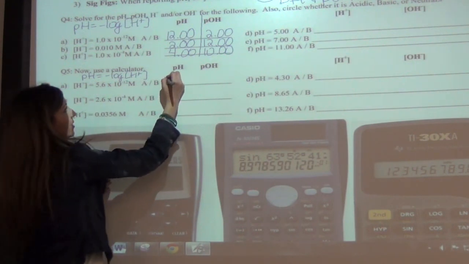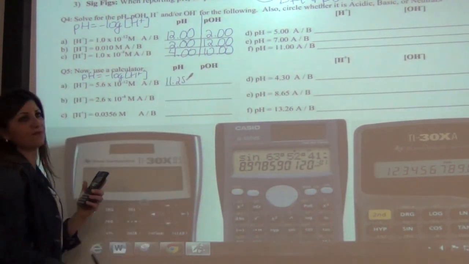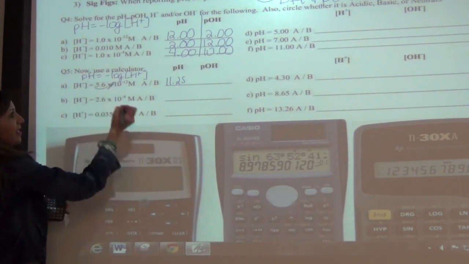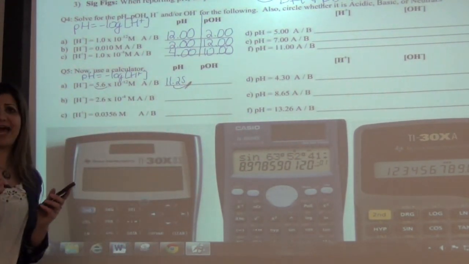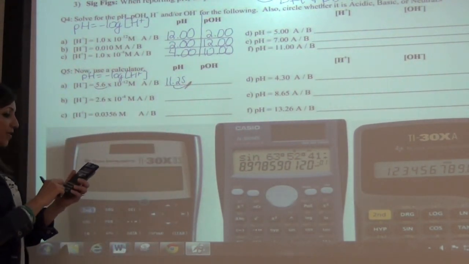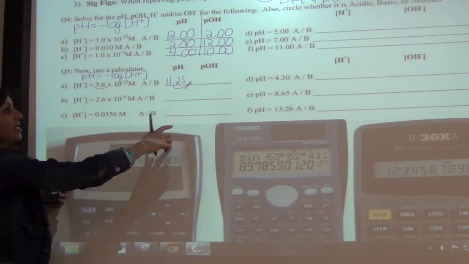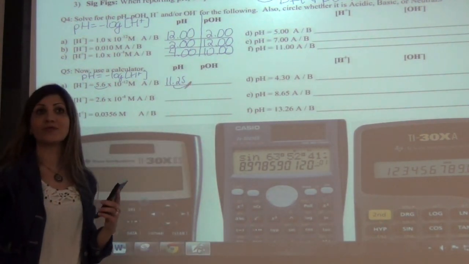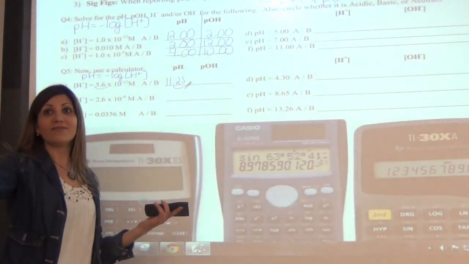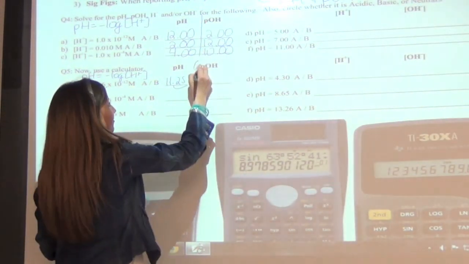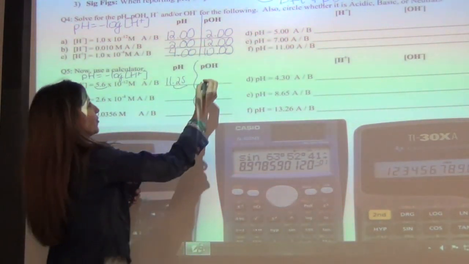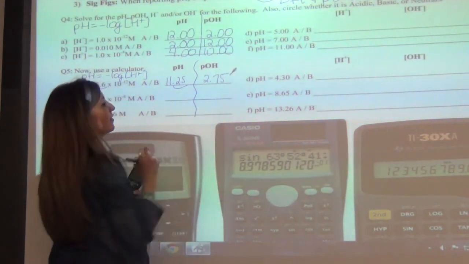And what I get here is 11.25. This has 2 sig figs, and so I also want 2 sig figs after, so that ends up working out. Now, in order to figure out what my pOH is, what do I need to do? Subtract from 14. So I'm going to subtract from 14 here, and I get 2.75.